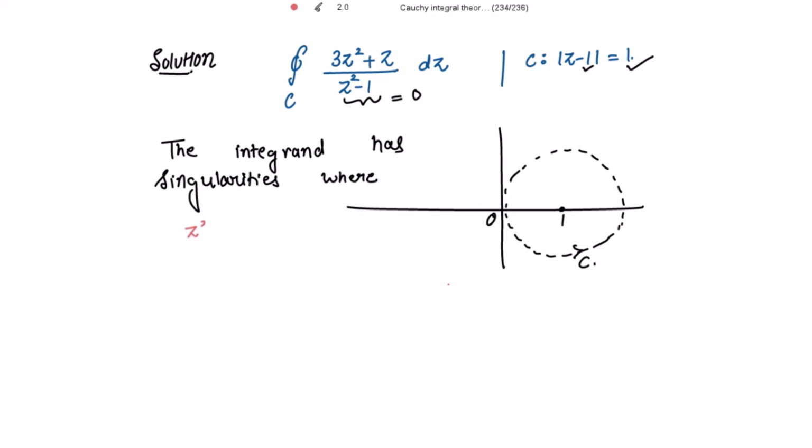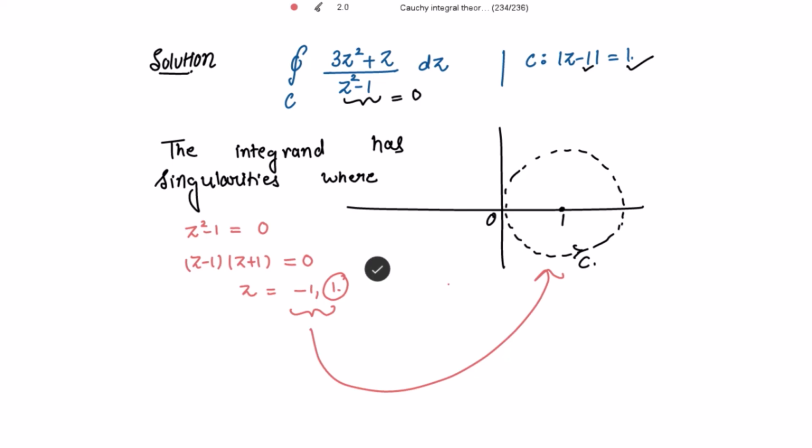To find the singular points, we always take the denominator equal to 0. So (z - 1)(z + 1) = 0, and we get the points -1 and 1. Which of these two points lies inside the circle? Yes, only the point 1 is lying inside the circle. z = -1 lies outside the circle.